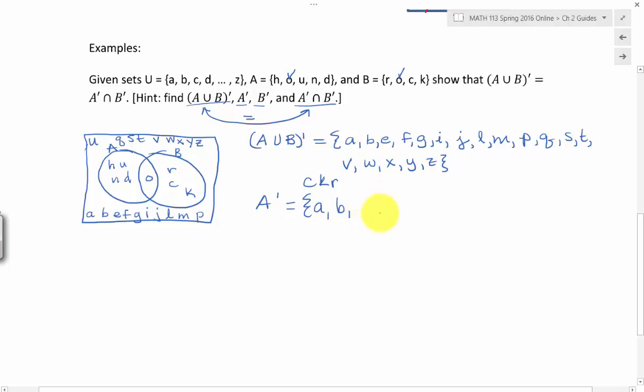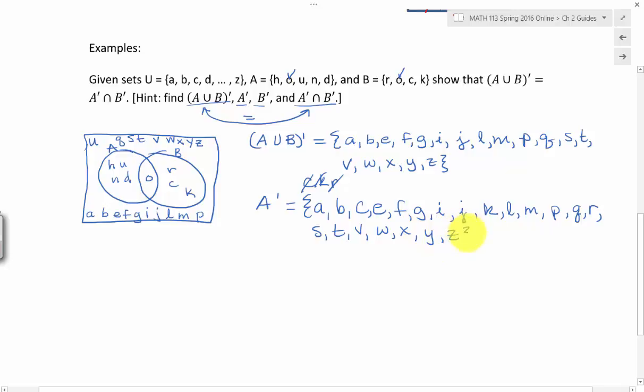And that way I can combine them a little bit easier. So we do need to put C here. That takes care of that one. D, E, F, G, I, J, and here's the place for K, so I'll insert that, cross it off here. L, M, P, Q, and then we need to put that R in there, and that's the last one we needed to add. S, T, V, W, X, Y, and Z.